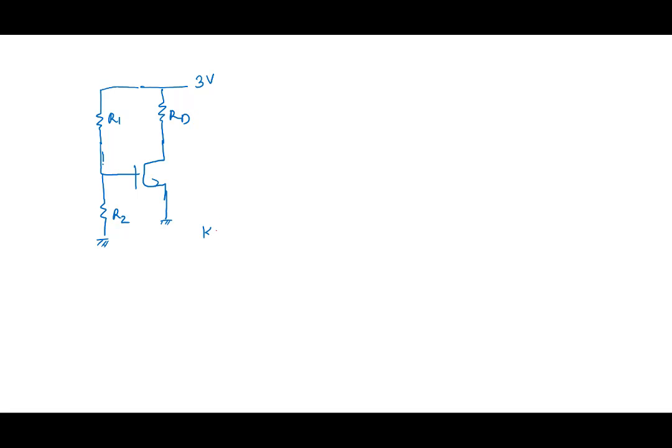The values are: KPN is 100 microamperes per volt squared, VT0 is equal to 1 volt, lambda n equal to 0.01 volt inverse. All these values are given. Now I want to determine R1 and R2.